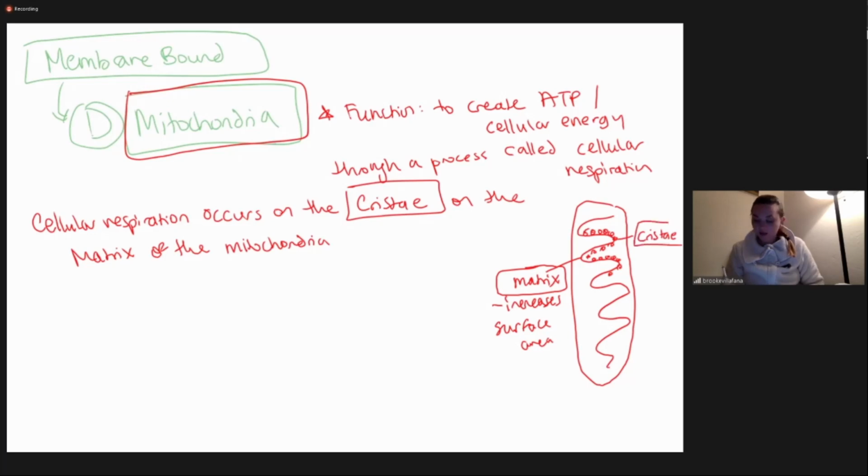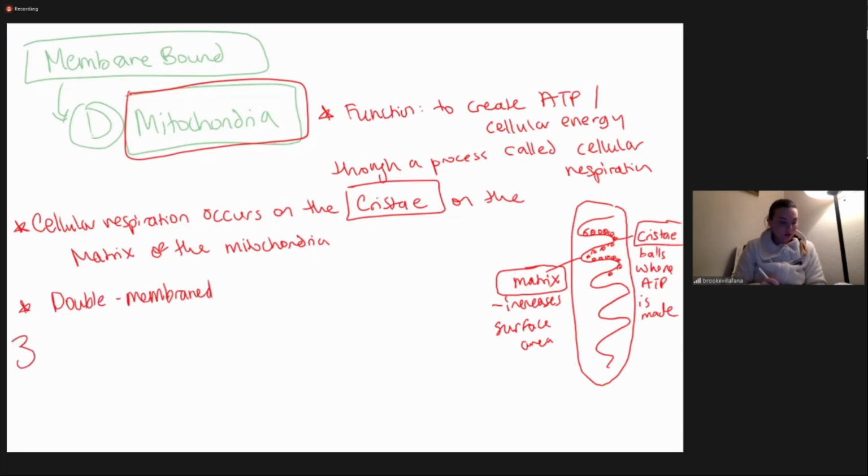I think of them like little crystal balls. So balls where ATP is made. So those crista are actually making the ATP through cellular respiration. The other really important thing about the mitochondria, it is double membrane.